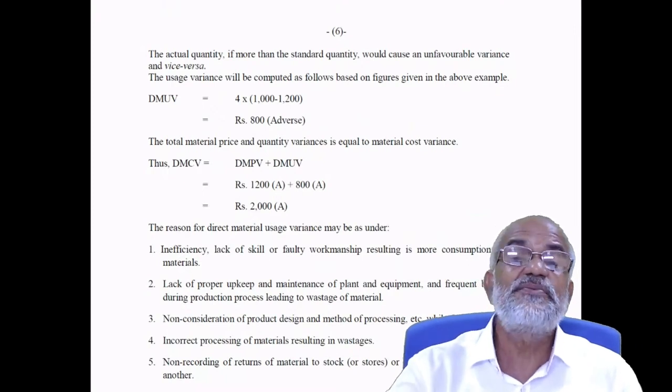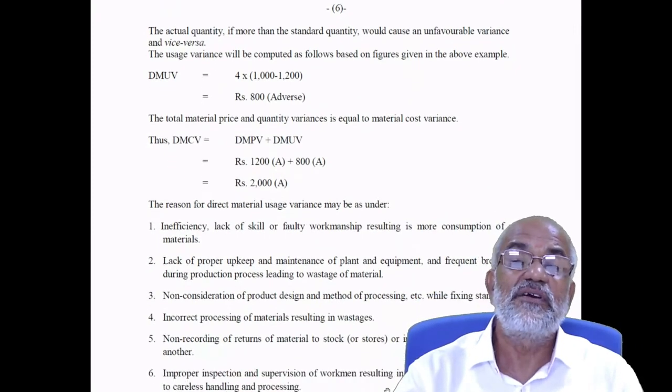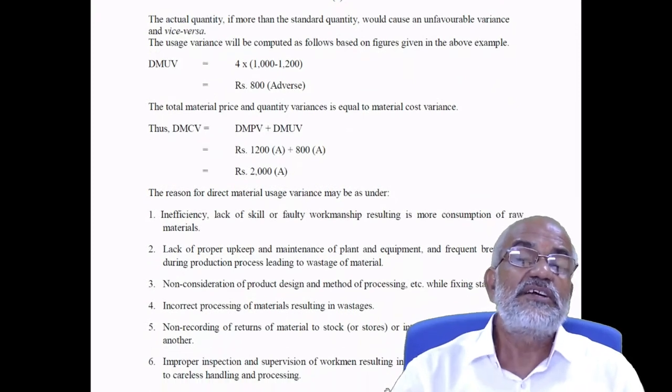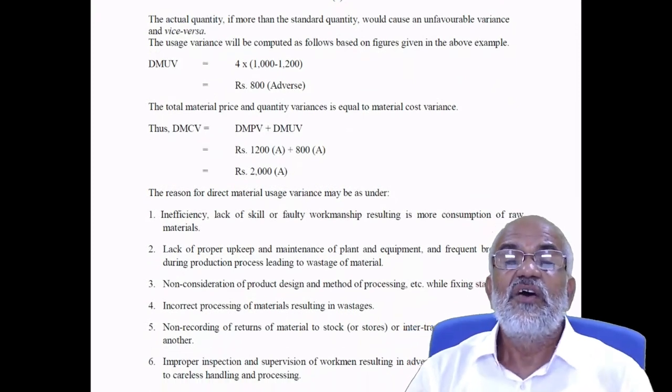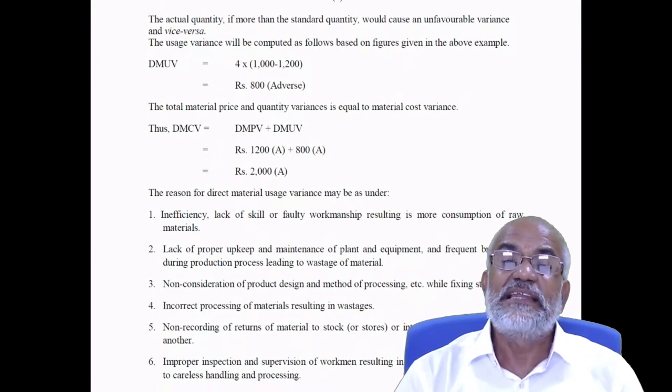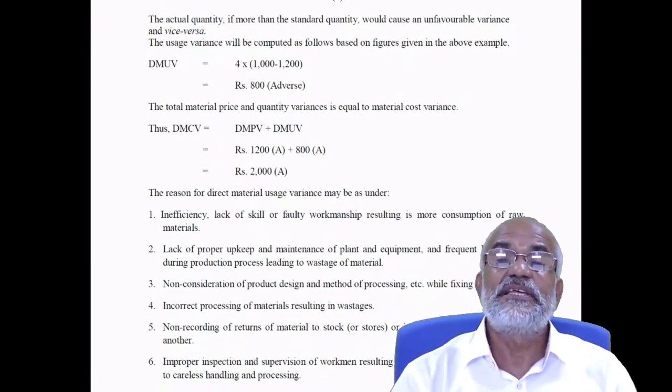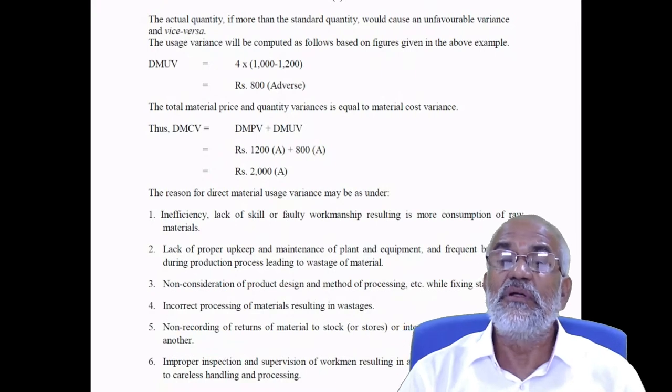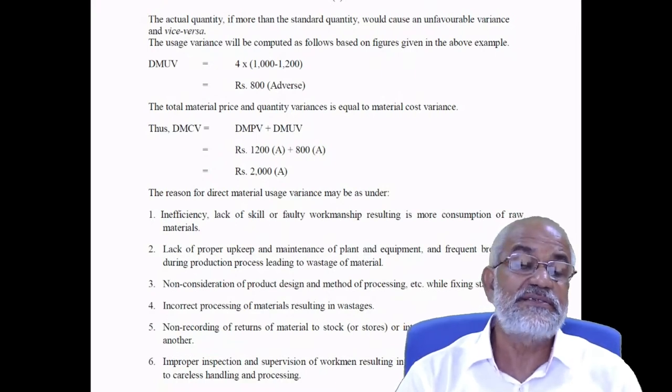So the reasons for direct material usage variance may be as under. There are different reasons for direct material usage variance on account of quantity. The first one is inefficiency or lack of skill or faulty workmanship resulting in more consumption of raw materials.